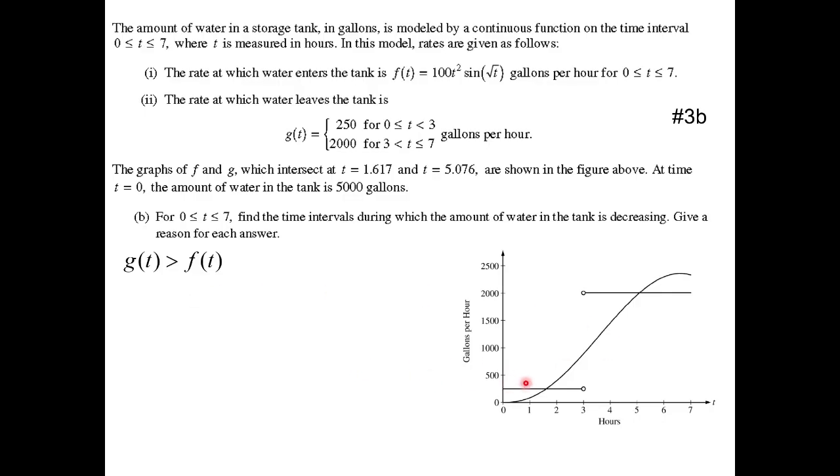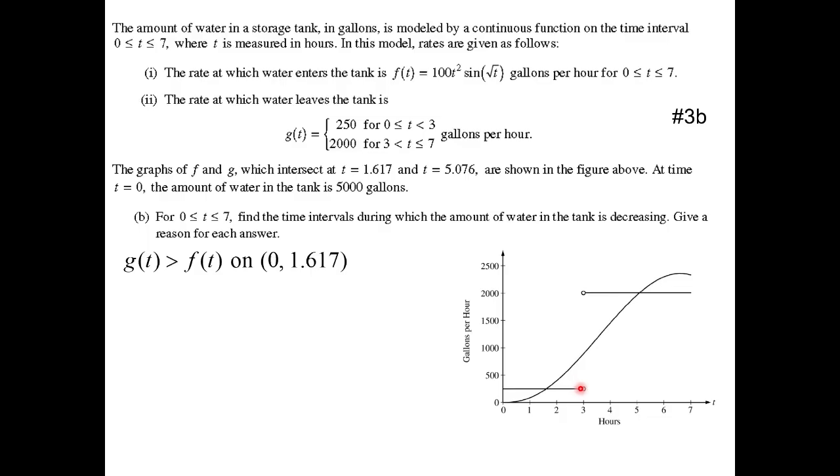Initially when we start out, g of t is higher than f of t, and that continues from 0 until this 1.617 spot right here. After that, f of t is higher, so the water's going in faster than it's going out, and that continues until we get to 3.